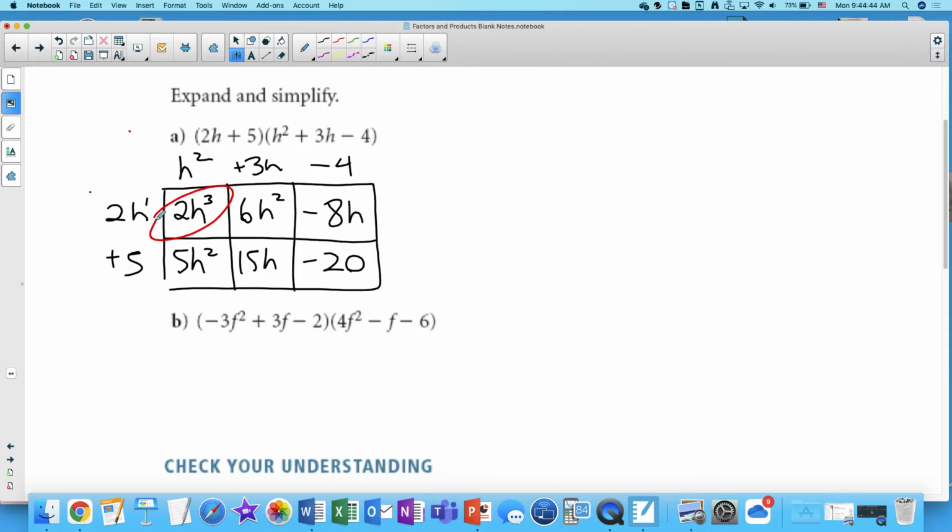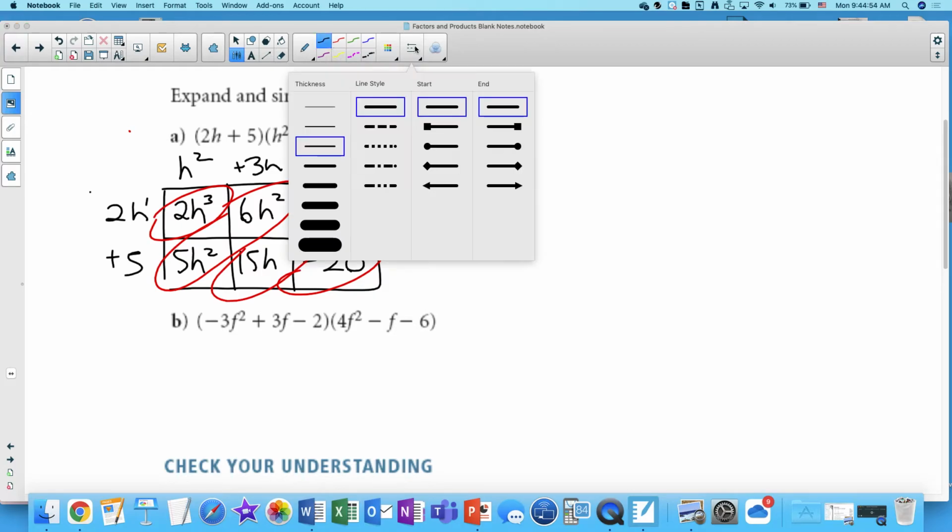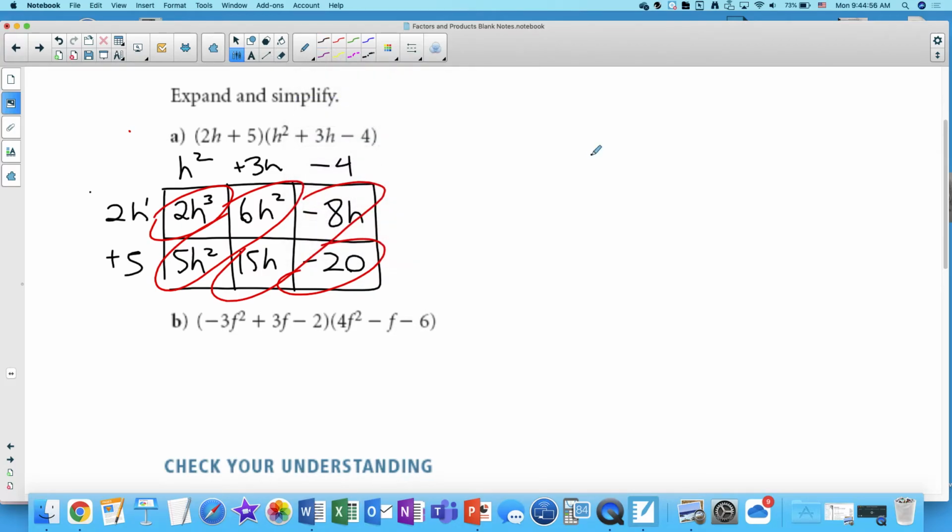Okay, so all together, when I simplify, because this is not an answer, right? This is just a graphic organizer that essentially helps us to get this product. This is 2h cubed, and then 5 plus 6 is plus 11h squared. 15 minus 8 is plus 7h, and then minus 20.